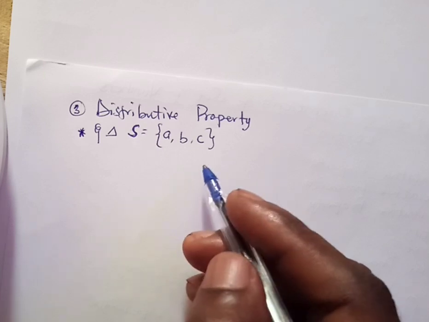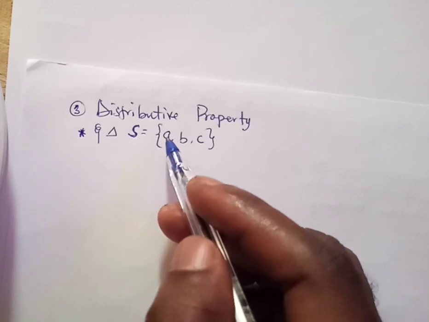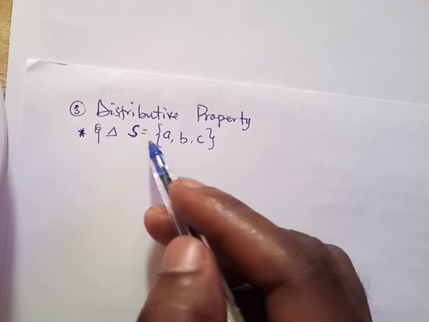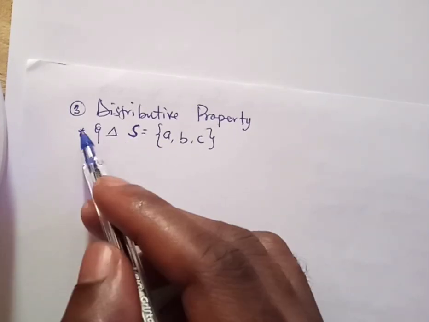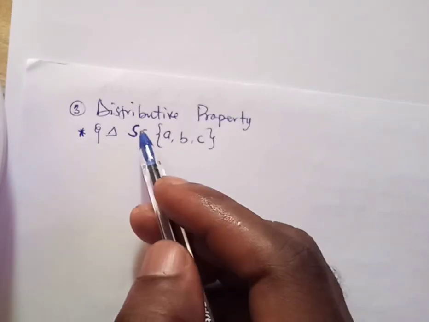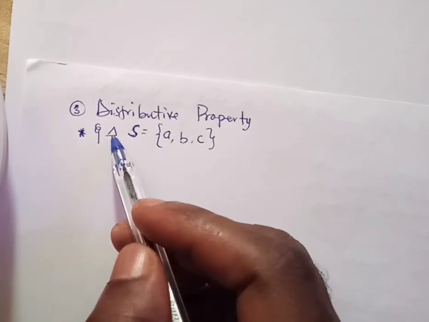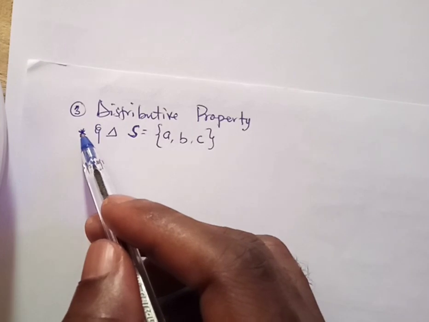All right, great. So if I have these two operations, what the distributive property is saying is whether one of the operations, any of the operations, is distributive over the other. So it's either star is distributive over delta, or delta is distributive over what? Star.